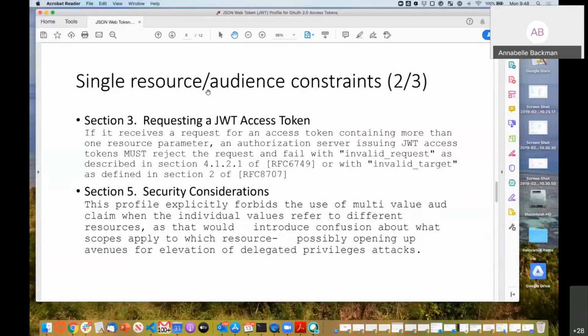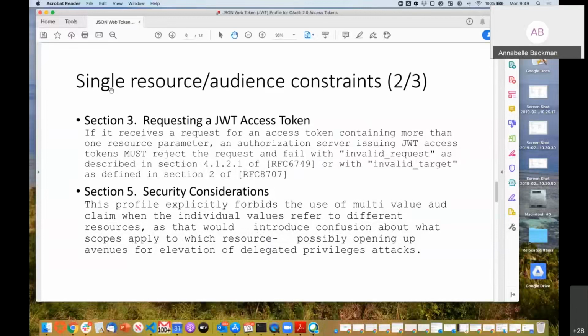There are going to be a lot of people who aren't using JOT access tokens because there's no standard for it, or who might be using them, but you don't know that because you can't inspect them. So we should be careful not to over-index on those particular use cases.